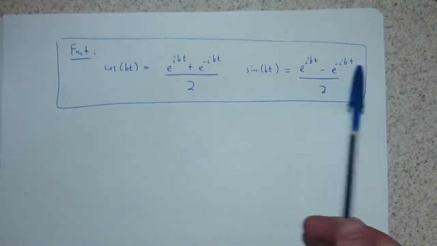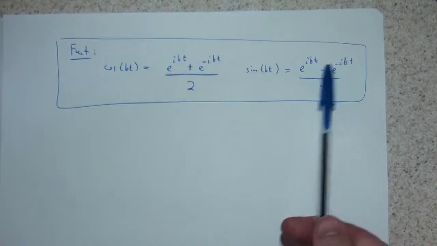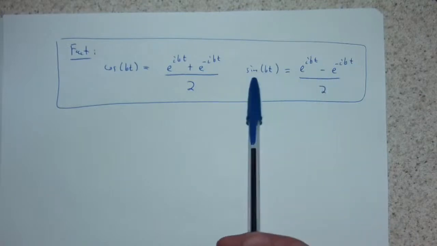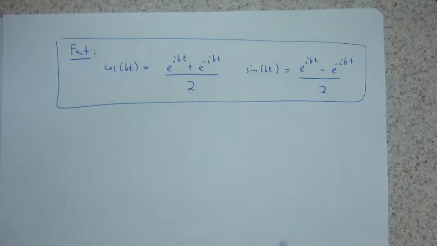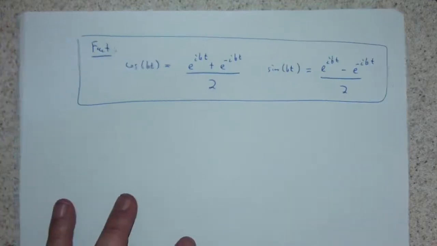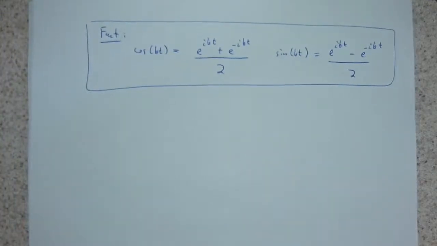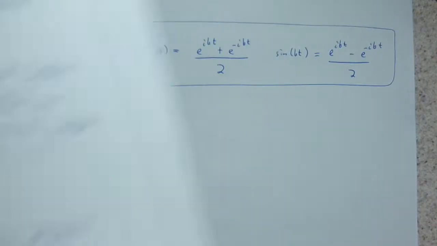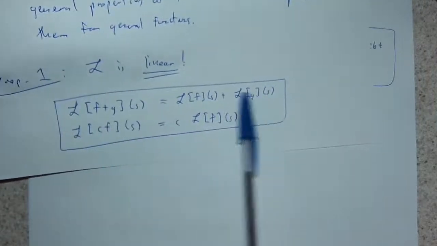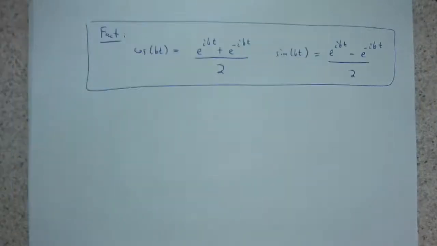Similarly, here I'm going to end up with plus, so this is going to be b cosine bt. Maybe you don't see that immediately, but you can verify directly that this is the case. But say that we're told this is the case. I want to use this linearity to my advantage here. So let's do that.